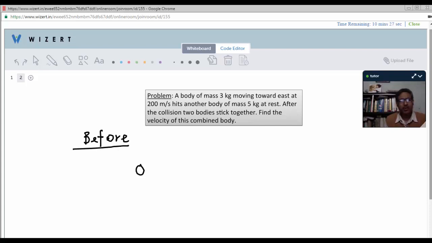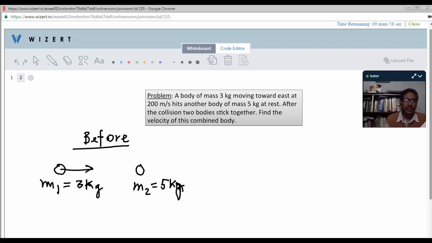There is a body, which we are calling the second body, whose mass is 5 kg, and it is at rest. Another body is moving towards it; we are calling its mass M1, and M1 is 3 kg.